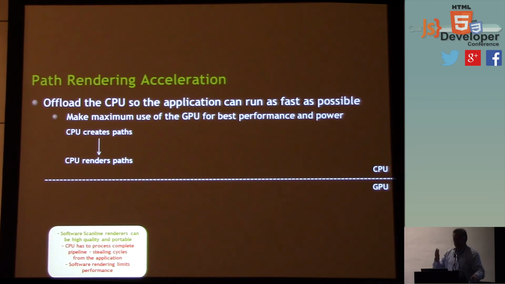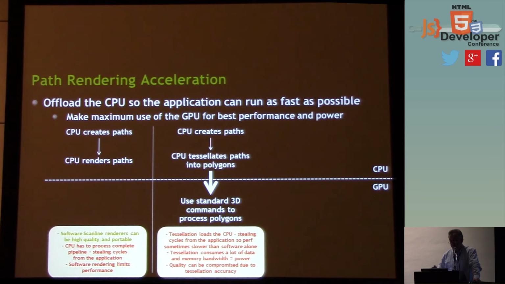So, the various ways that you can render vector graphics: the traditional way is to use the CPU. CPU scanline renderers can be very high quality, but of course, if you're rendering a lot of graphics, particularly to a high resolution screen, it can heavily load the CPU, not only slowing rendering, but also preventing the application from using the CPU too.